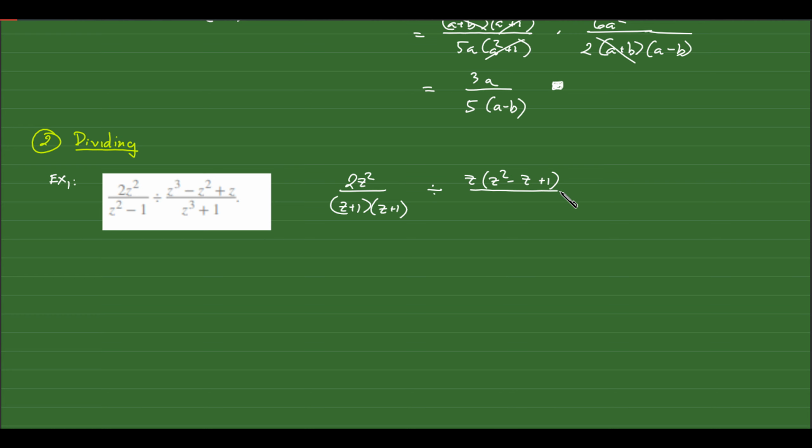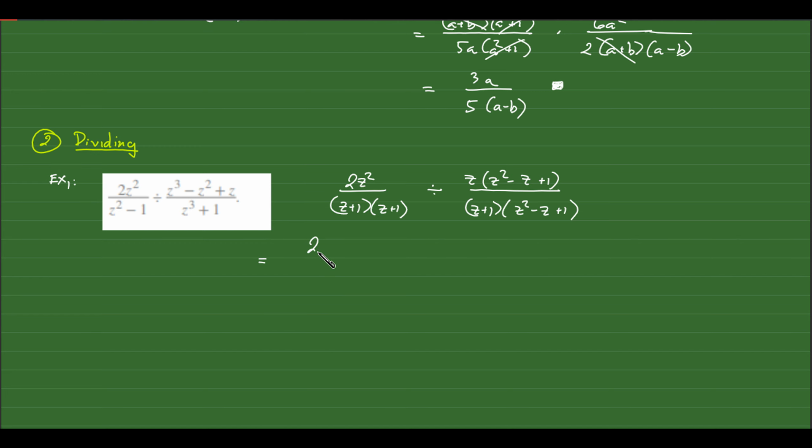And what is this at the bottom? This is z cubed plus 1 cubed, a cube plus b cube. This is a sum of cubes. So according to the formula, it is z plus 1 and z squared minus z plus 1. There you go. So after you factor everything out, you're going to apply keep, change, flip.